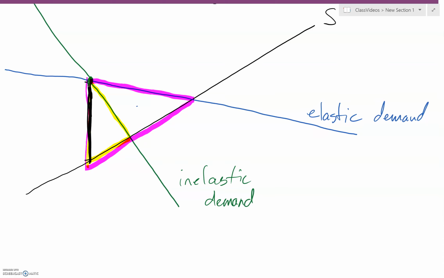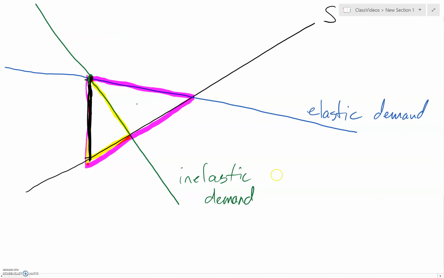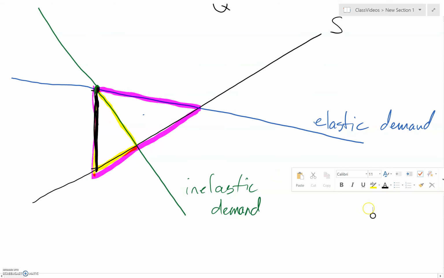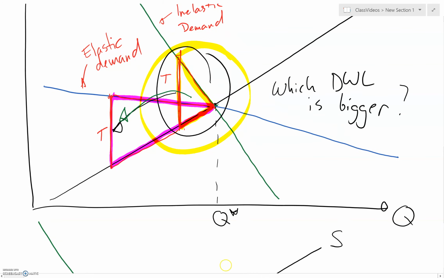Okay, so what we get from this is that elastic demand implies a larger deadweight loss.